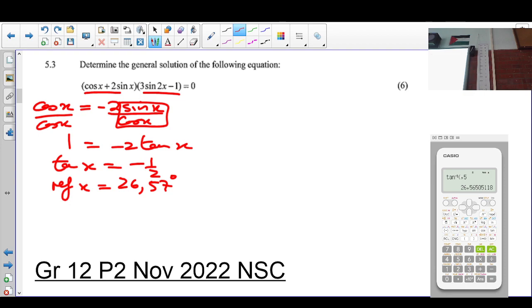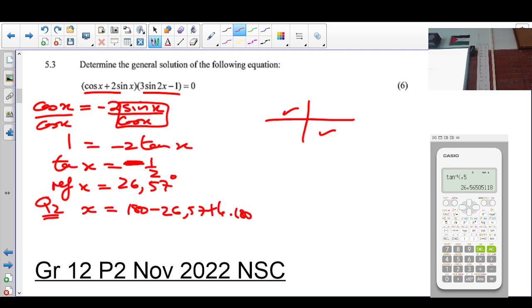In which quadrant is tan negative? Second and fourth. But when it comes to the tan, I only represent it in one. So we go with the second quadrant. So quadrant 2 is simply x is equal to 180 minus 26,57 plus k times 180.